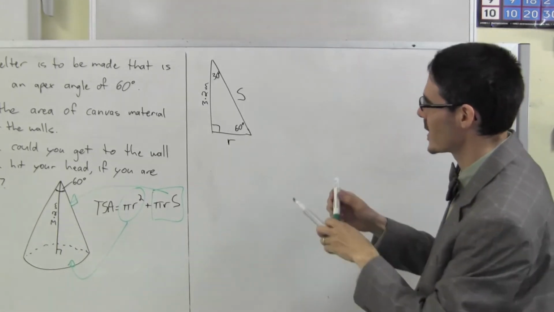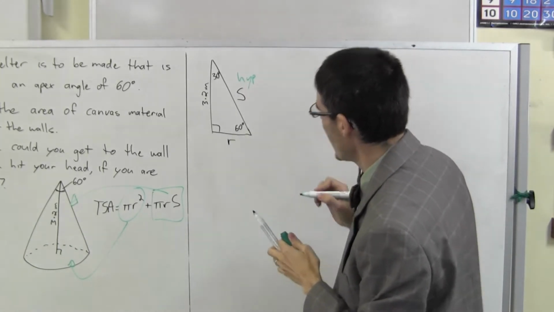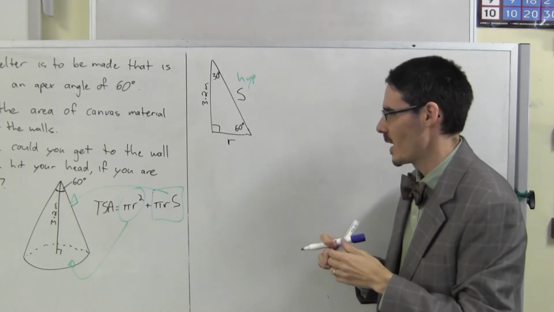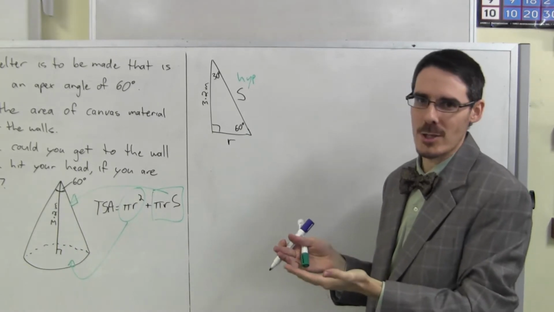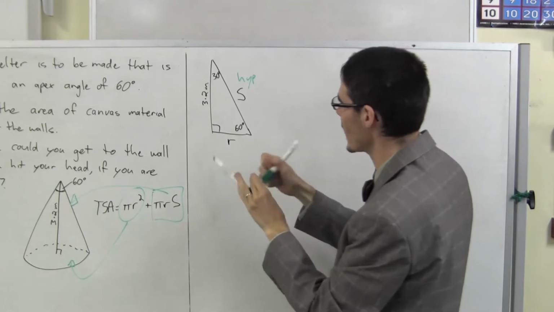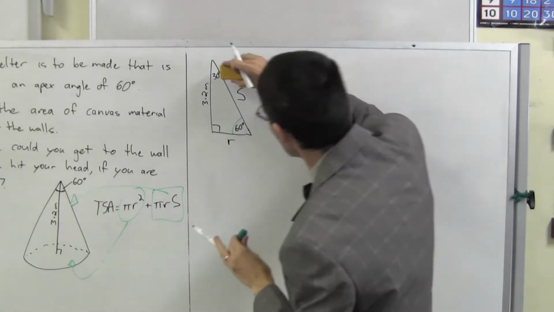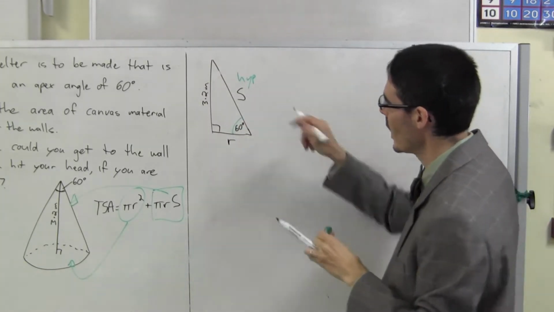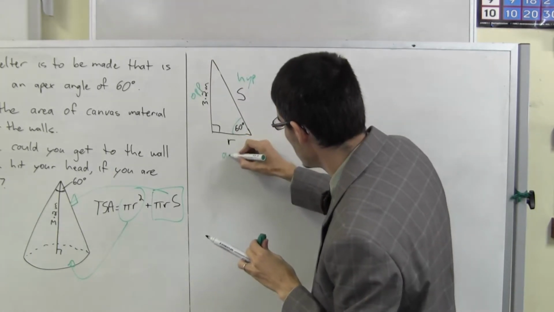Let's label these sides so we don't get too confused. That's my hypotenuse. Which of these angles will I use? Let's use the 60. I'm used to using angles of elevation and depression, which we'll get to in a moment. They're always measured from horizontal. So let's use the 60-degree angle. And so we don't get confused, I might even rub out the 30. Okay, so we don't make mistakes. If that's 60, then this is opposite, and this is adjacent.